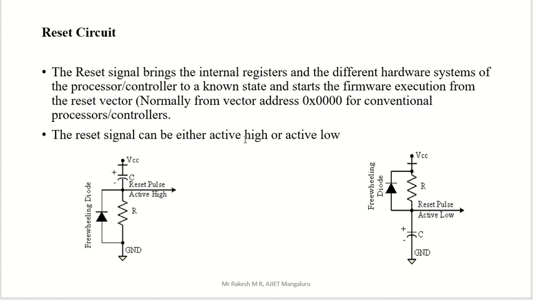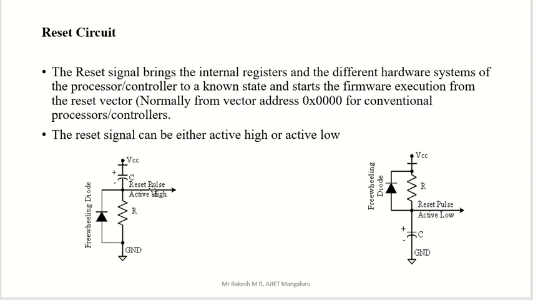The reset signal can be active high or active low. We have two types of circuit, shown in two diagrams: one is active high, the other is active low. Active high means we apply 1. In binary we have two values, 0 and 1. In active high we apply 1 for on and 0 for off.